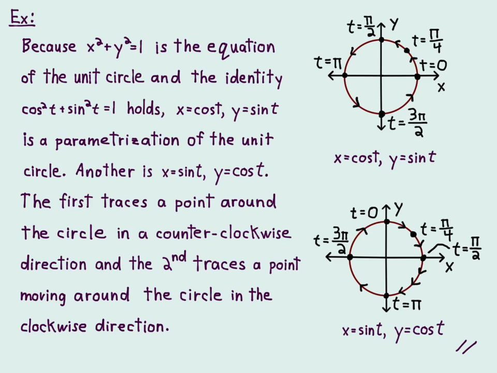Oh, yeah, I'm sorry. t is 3 pi over 2, not the angle in the picture. That's the thing to get confused about here. So sine of 3 pi over 2 is -1, and cosine of 3 pi over 2 is 0. So you get -1, 0, this point right there.